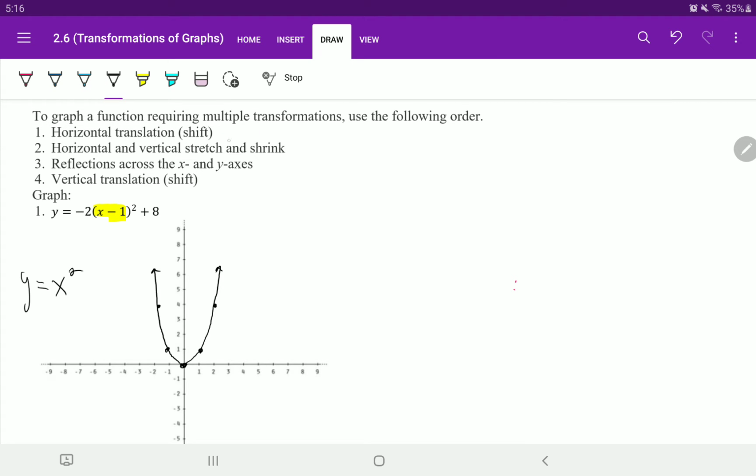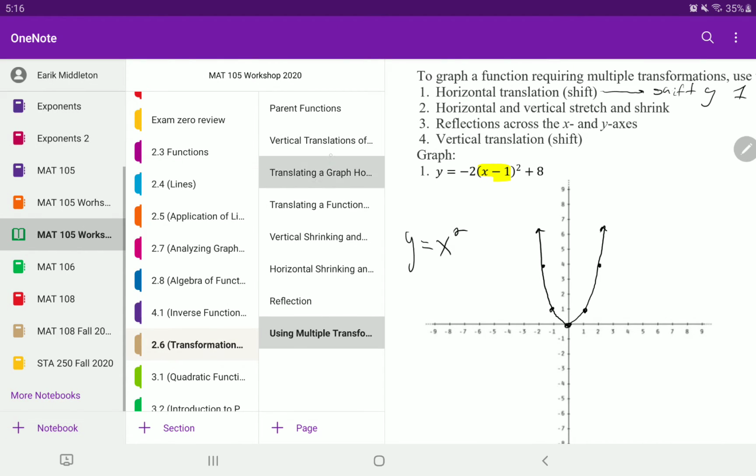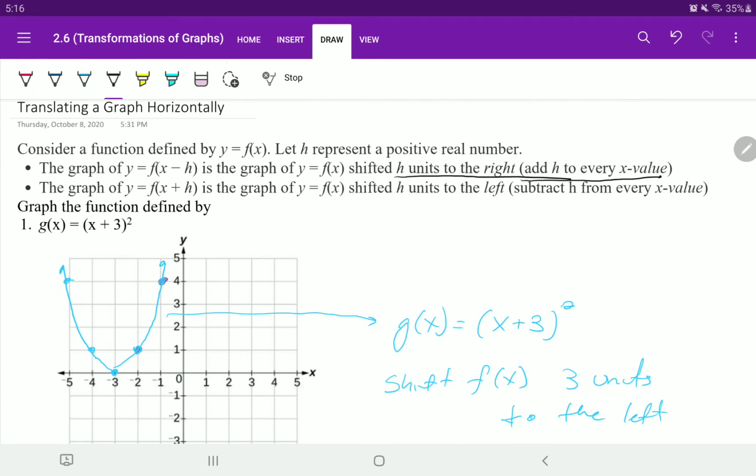So that means we're going to shift y 1 unit to the right. Because remember, when the function is in the form f of x minus h, you're going to shift that graph f of x h units to the right when there's a value being subtracted from x.